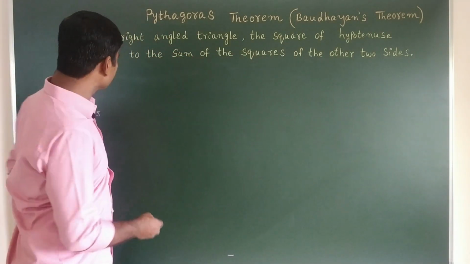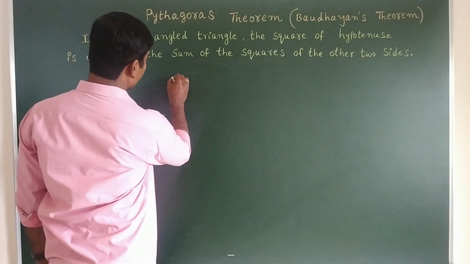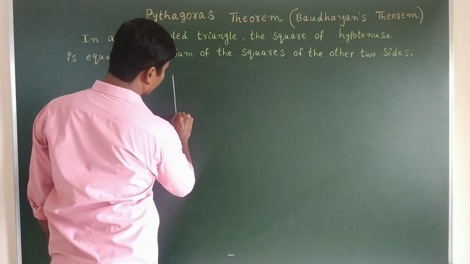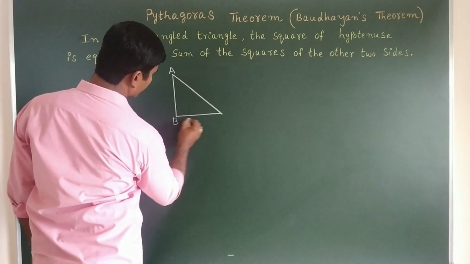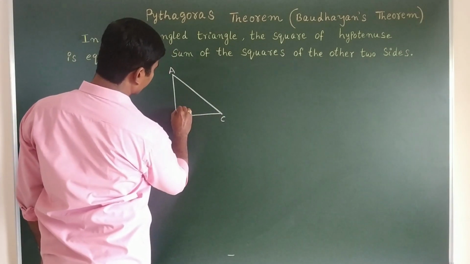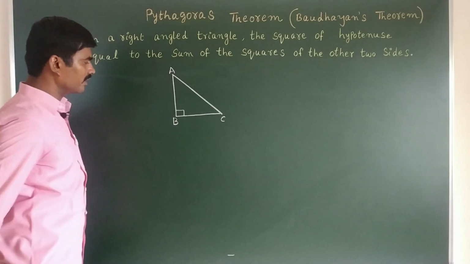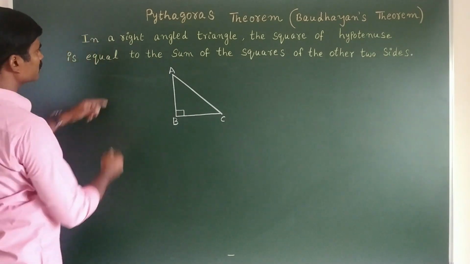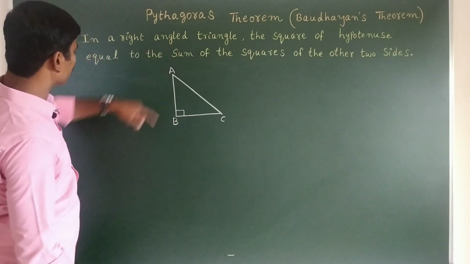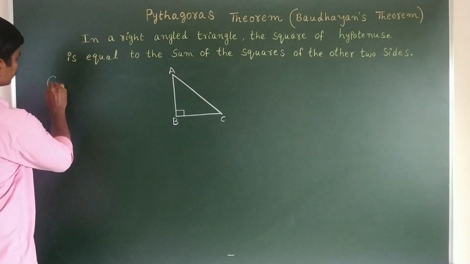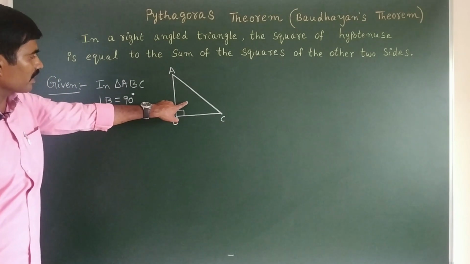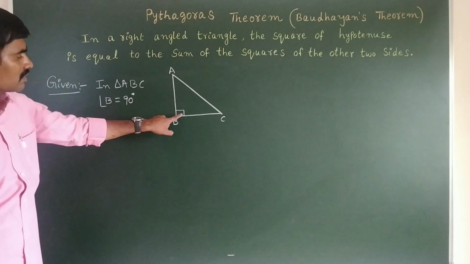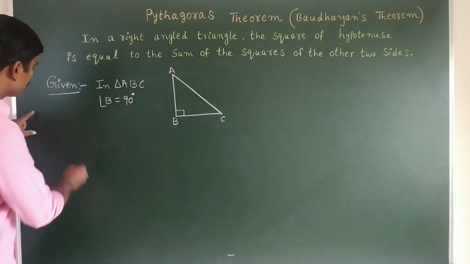Take a triangle ABC and take angle B as 90 degrees. So this is a right-angled triangle and angle B is 90 degrees.